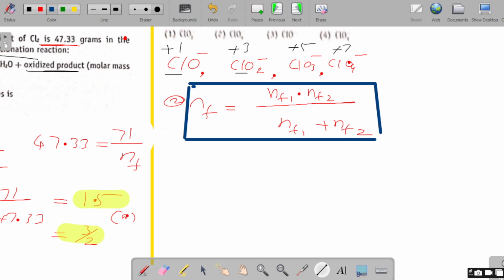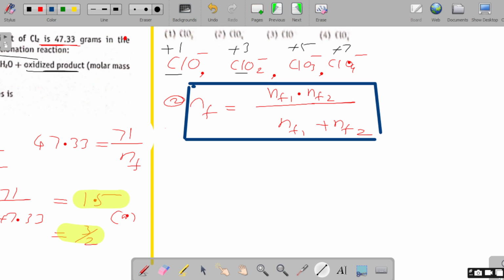Now how you are reaching the formula is 1 by nf is equal to 1 by nf1 plus 1 by nf2. That is, the nf in the first change, the change in oxidation number, and then the change in oxidation number in the second stage.